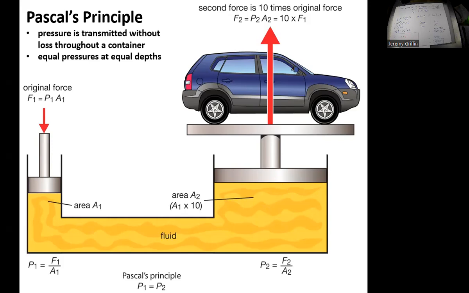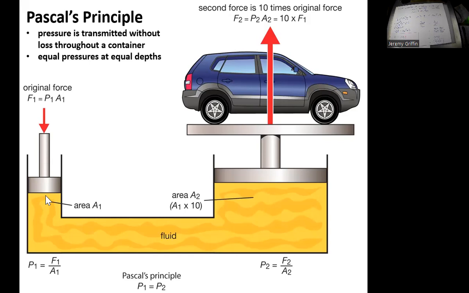Now there is a catch with this, and it has to do with displaced volume. Suppose you push the piston down on the left side 1 meter deep, and the area is 1 square meter, so you displace 1 cubic meter.